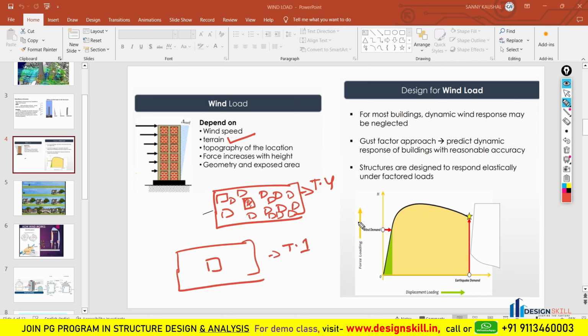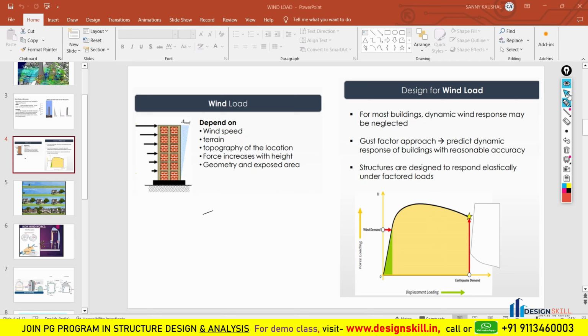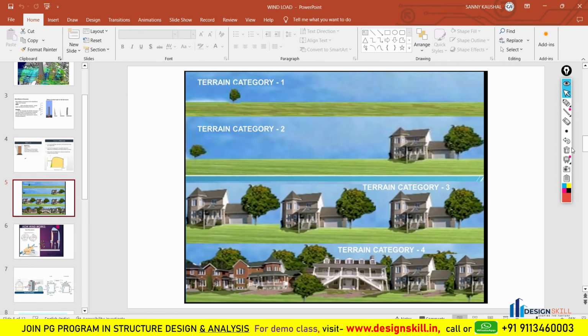For better explanation, I am opening another slide and I am going to explain with this particular diagram. You can see that we have terrain category 1, terrain category 2, terrain category 3 and terrain category 4. In terrain category 1 there is no building, which means there is no obstacle to the wind.